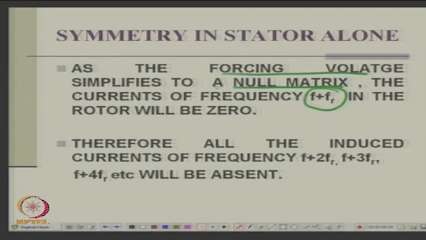In fact, if you look at the equation, you will see that current becomes 0. Therefore, all induced currents when f plus fr of rotor is 0, its subsequent currents will be 0, f plus 2 fr is 0, 3 fr is 0, 4 fr is 0, they will all be absent. All the other currents will not be there.